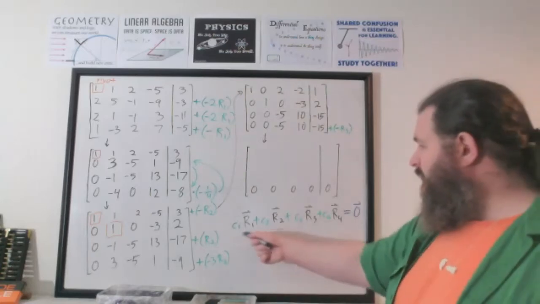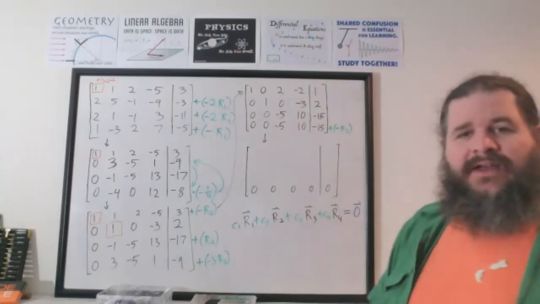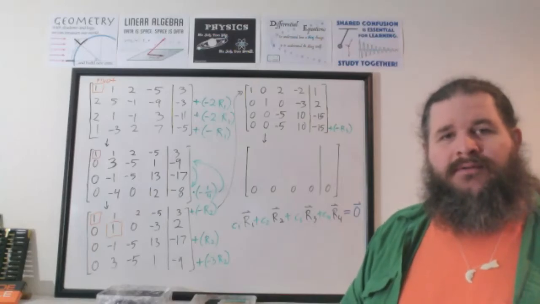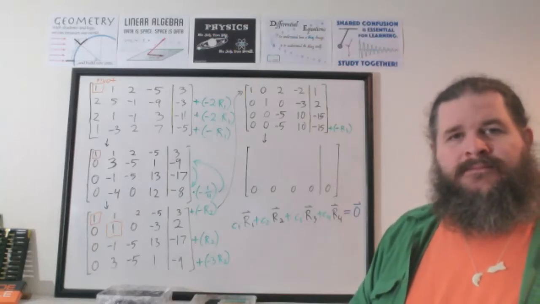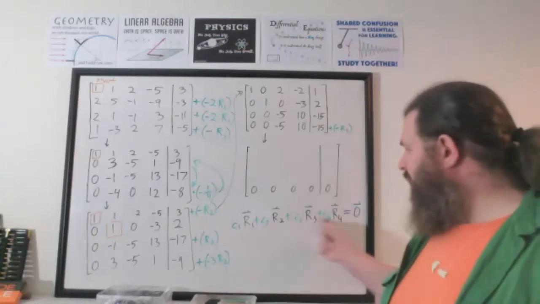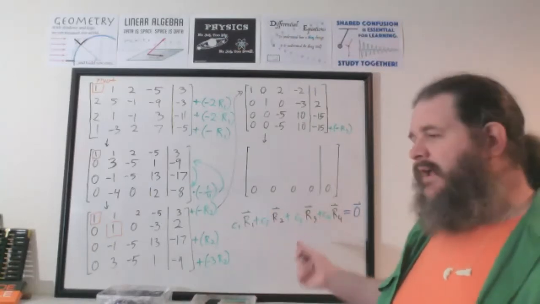It's always possible to get those to add up to 0 if you use what coefficients? What C values will always make that true? 0? Yeah, you can always get the linear combination to add up to the 0 vector if you use 0 for all the C values.